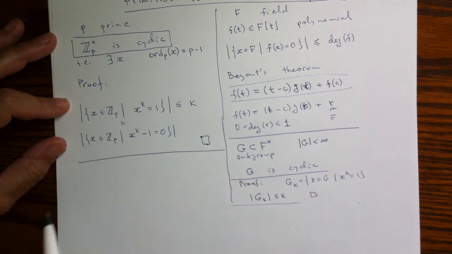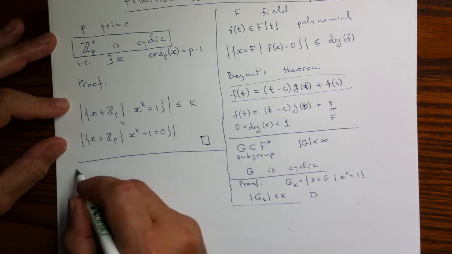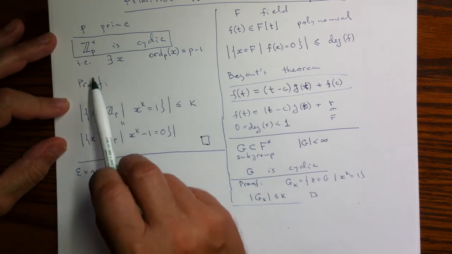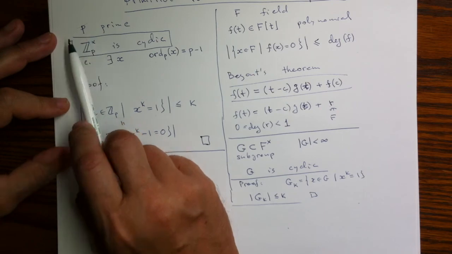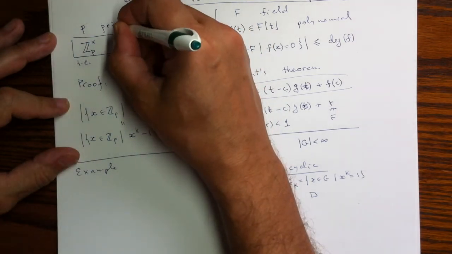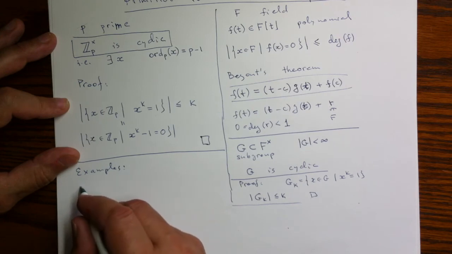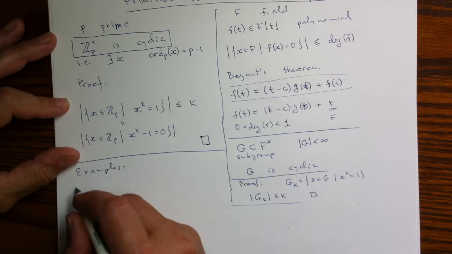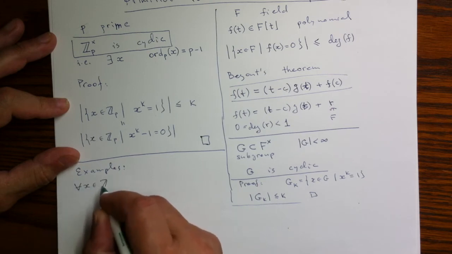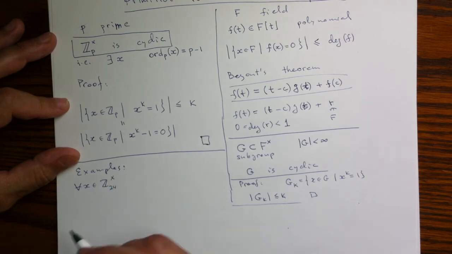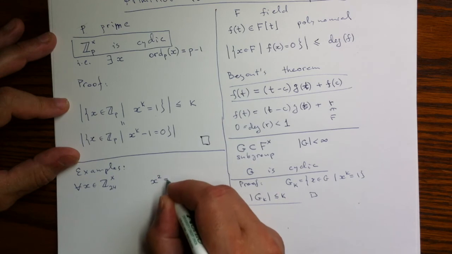Let me complete by looking at an example, or a couple of examples. So really it's just to show that the condition that p is a prime is to be taken seriously. So if we take, instead of prime p, a composite number like 24, then for any invertible integer mod 24, the square will be congruent to 1.